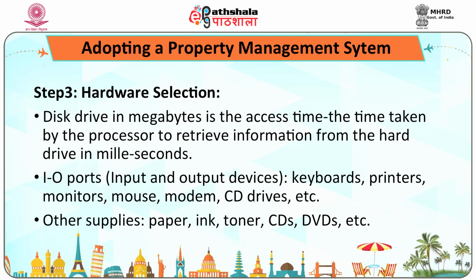Next are I/O ports, that is, input and output devices such as keyboards, printers, monitors, mouse, modem, CD drives and so on. All these input and output drives should be considered. The paper, ink, toner, CD and DVD requirements should also be considered.